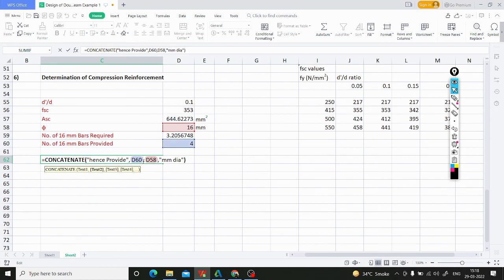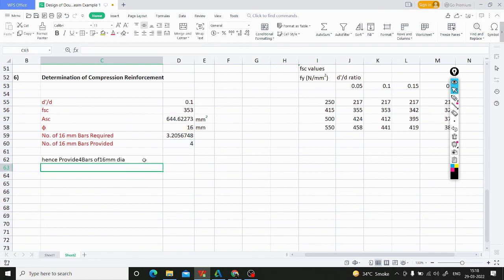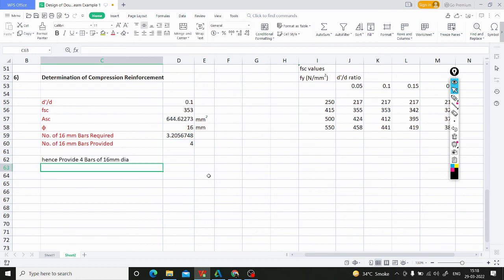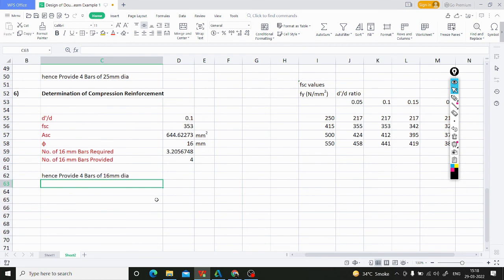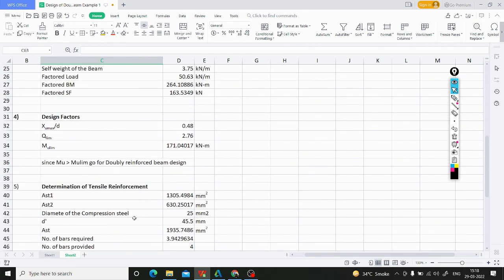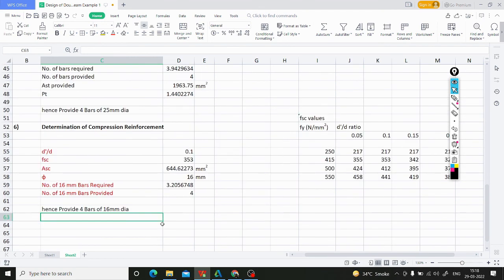Four bars. Okay, here we have bars of, we can provide some space. So in this way we have to design for the compression reinforcement and for the tensile reinforcement.